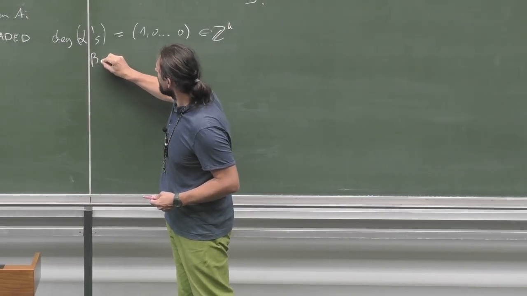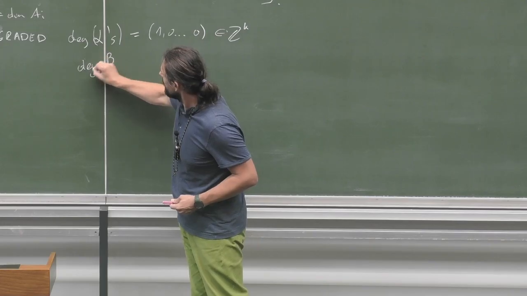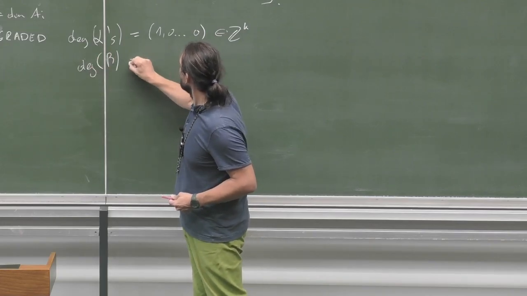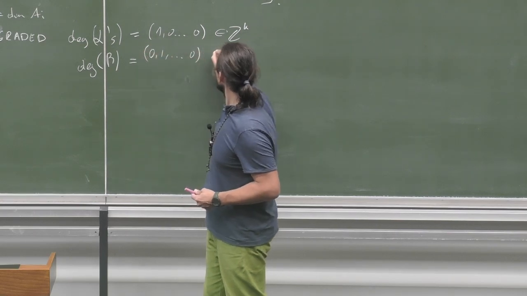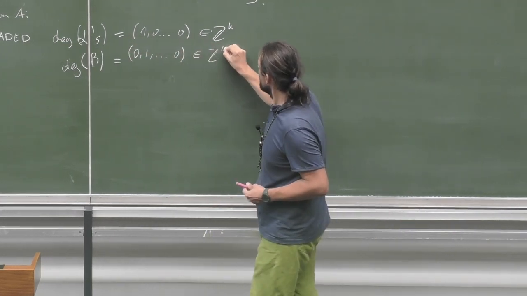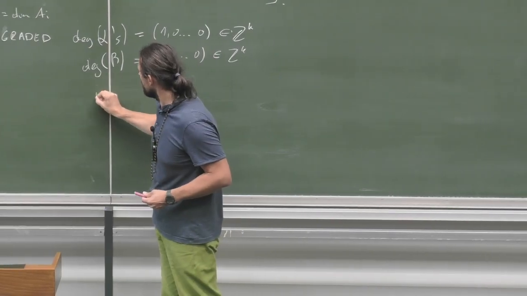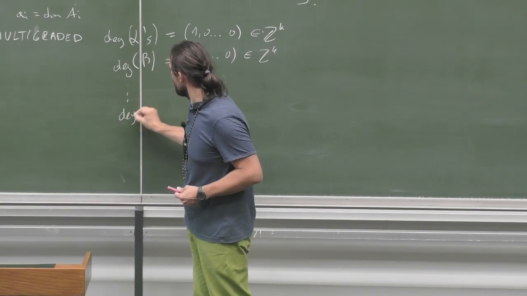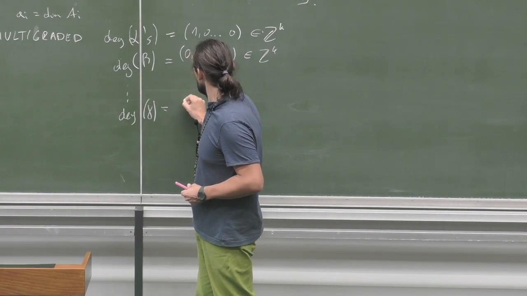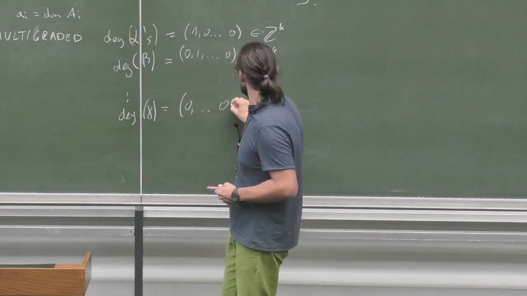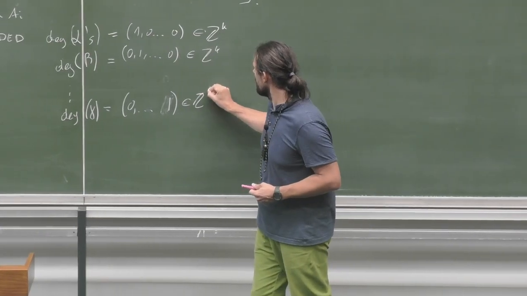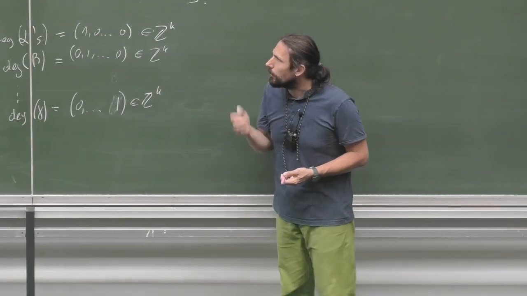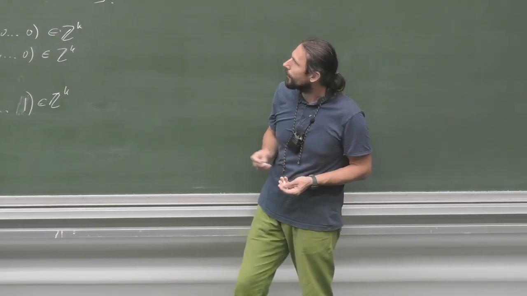The degree of each beta is (0,1,0,...), and so on.